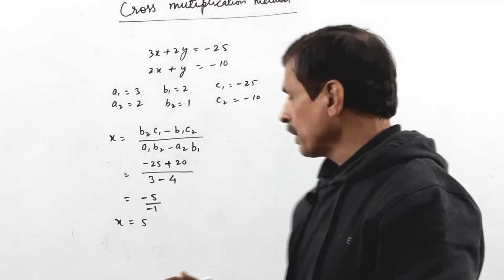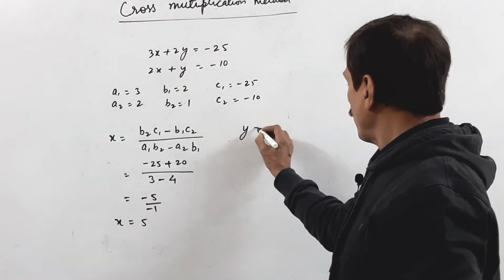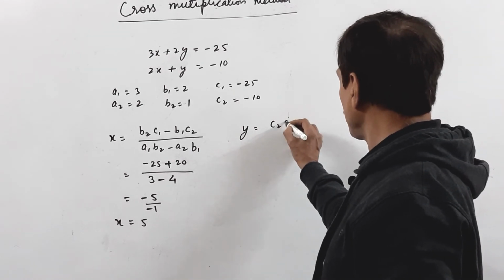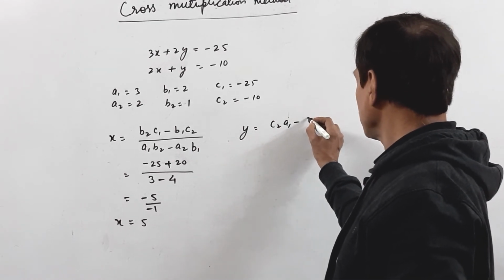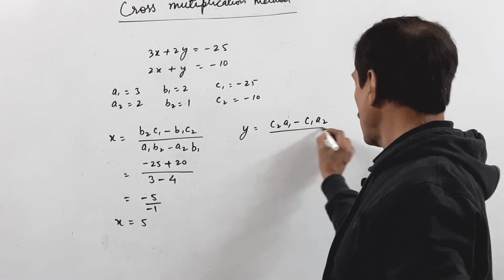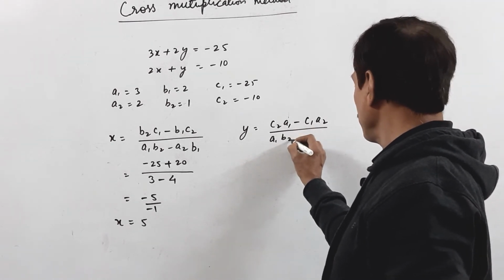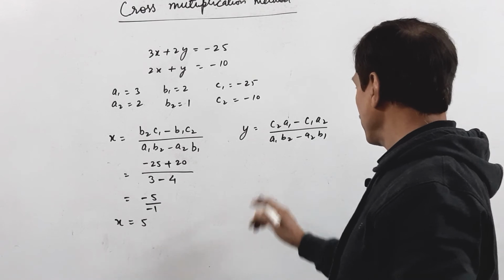Similarly, y is equal to c2 a1 minus c1 a2 upon a1 b2 minus a2 b1.